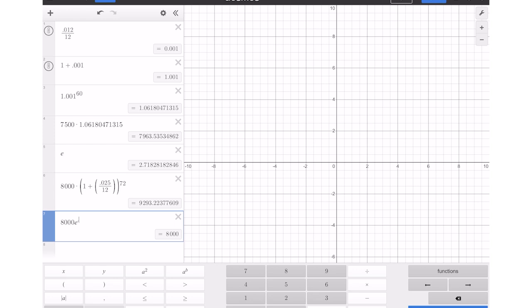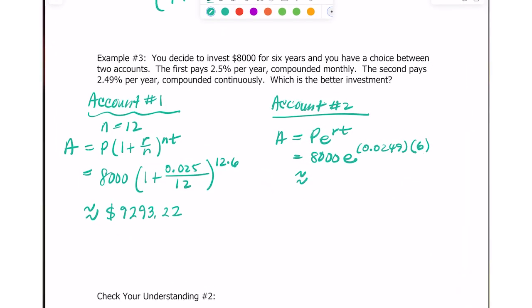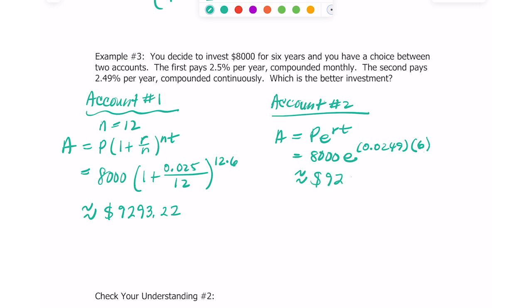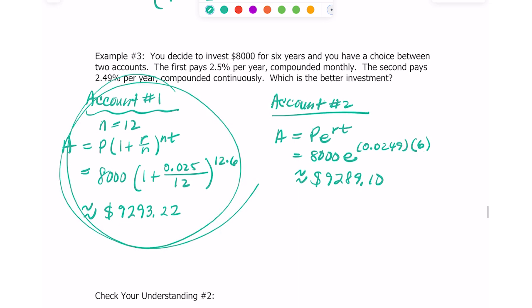So I need to put that in parentheses. And you get 92.89 and then about 10 cents. So account number 1, where the interest paid is 2.5% per year compounded monthly, actually is the better deal, just by a little bit, by a couple dollars.